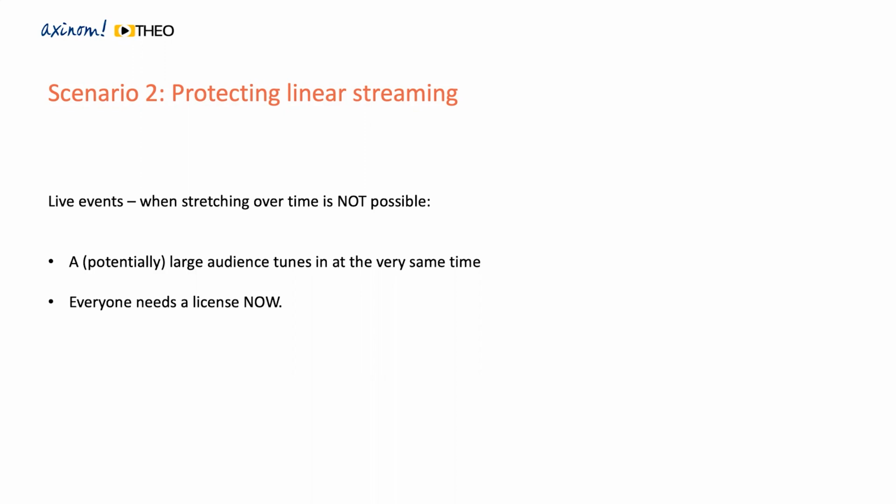And then when the stream starts, let everybody ask for a license, and in this way open the floodgates and produce the highest peak that you can produce with this audience, which will potentially give you trouble. So it's better to have the stream already running 5 minutes before the event and let those clients that tune in, that come in the 2-3 minutes before the event, each acquire their license. This way you can at least stretch it over a few minutes and then you're safe, and this can definitely be handled.